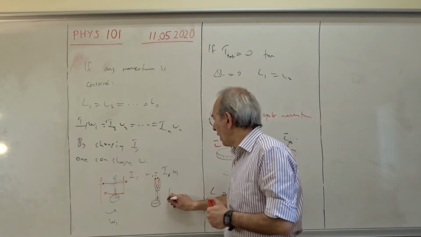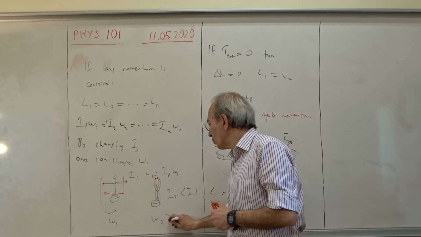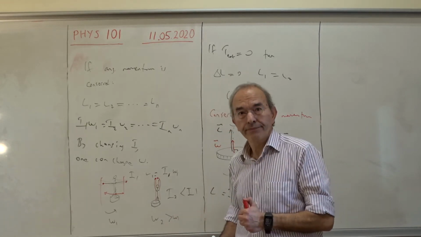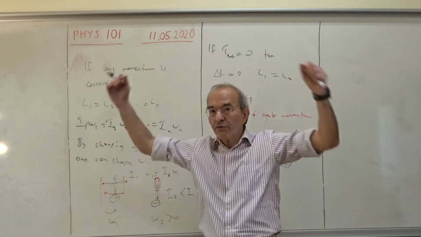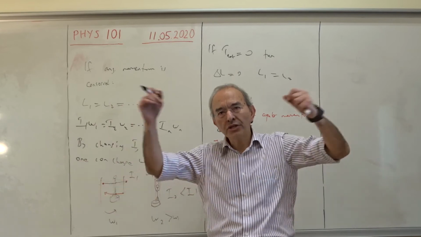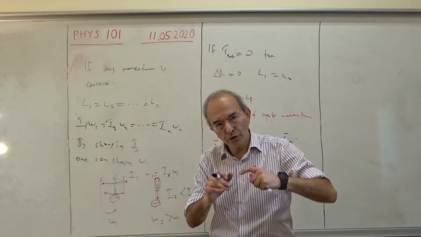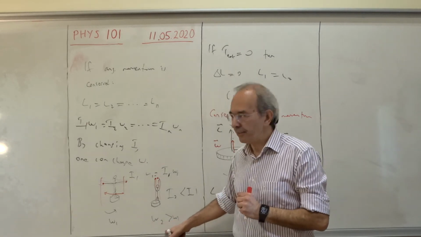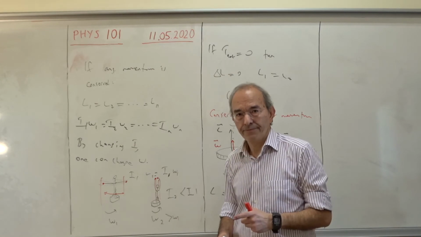So we have I2, but I2 is less than I1, so that omega 2 is greater than omega 1. So you can increase your angular speed by playing with your rotational inertia. If you increase or decrease it, you can decrease or increase, conversely, your angular velocity around this vertical axis.